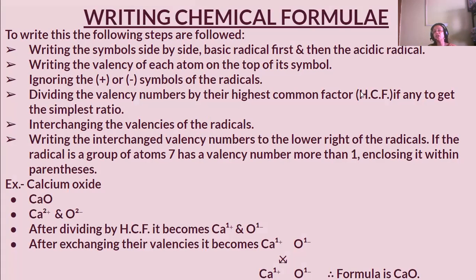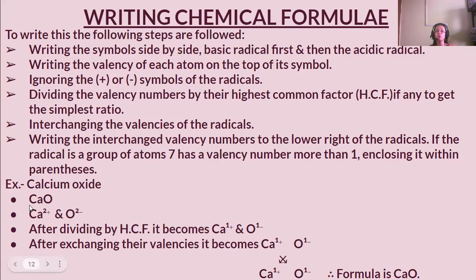Now, for this, we need certain steps to be followed. Writing the symbols, we need to write the symbols side by side, first the basic and then the acidic radical. After writing the symbols side by side, we write the valencies of each atom on the top of its symbol. See, from the example in the slide, calcium oxide is the compound.